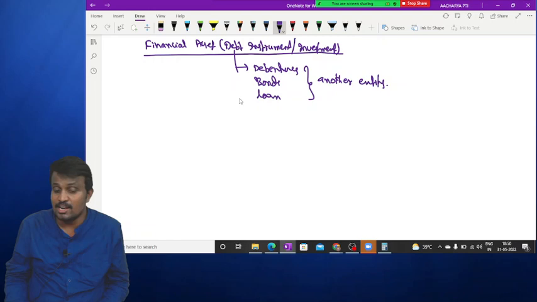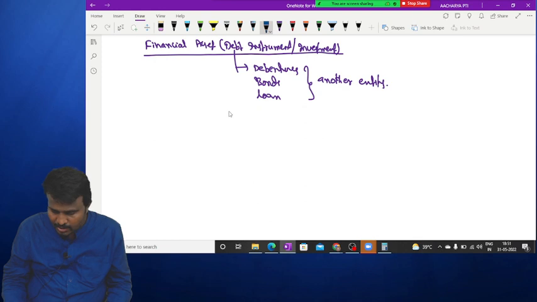In this case, there are three procedures for recognizing the debt investment, and we may follow either amortized cost, fair value through other comprehensive income, or fair value through profit and loss.